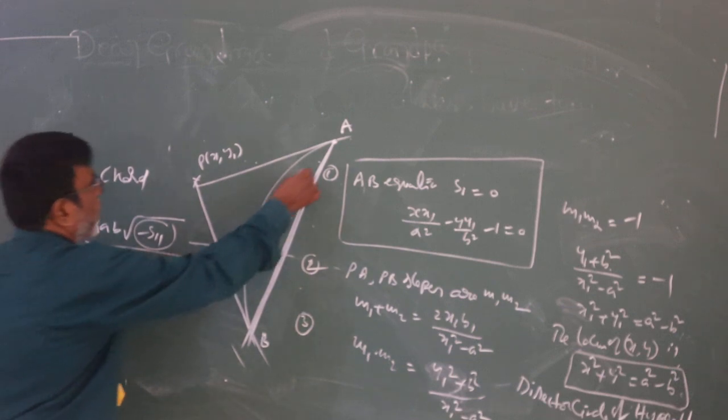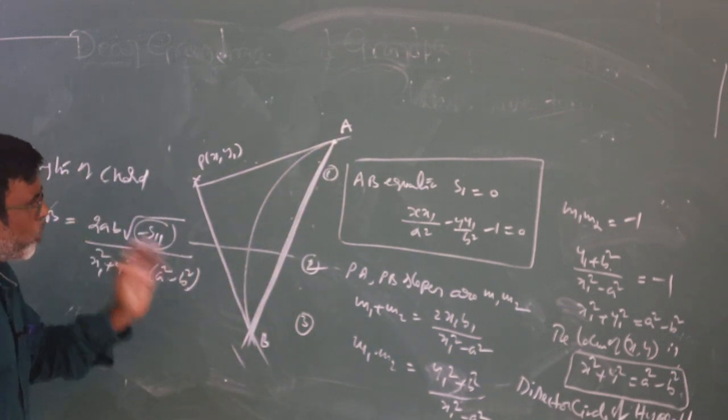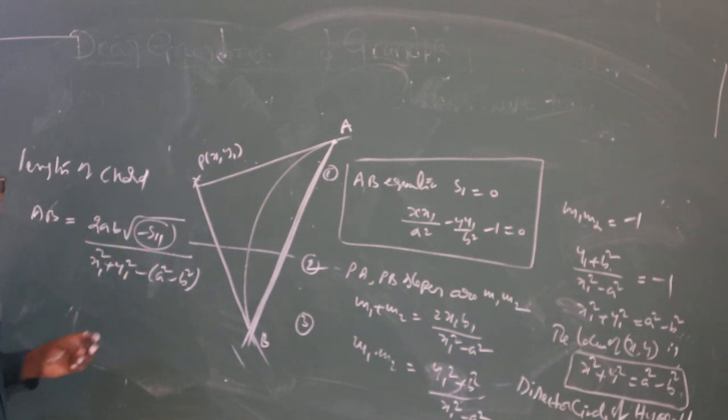This is the length of chord AB. So try to understand these hyperbola concepts.